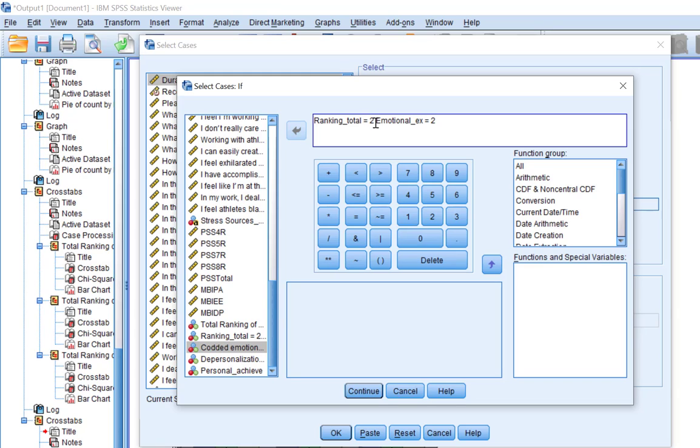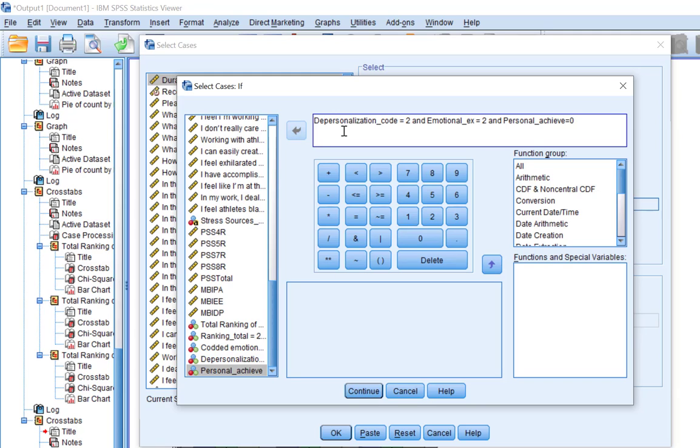And DP, depersonalization. So those two are high. And depersonalization equals 2 as well? Yep. And then a low score on PA, on personal achievement.